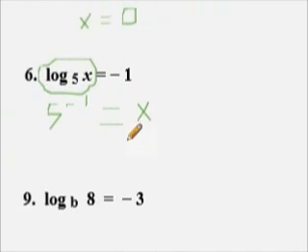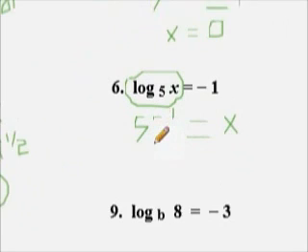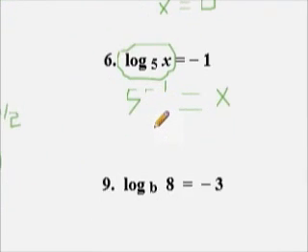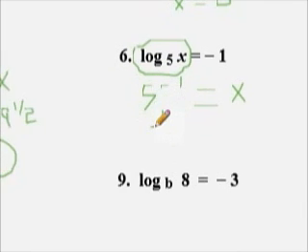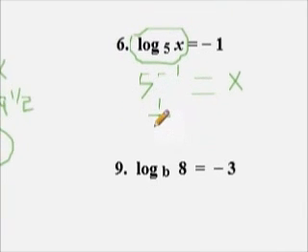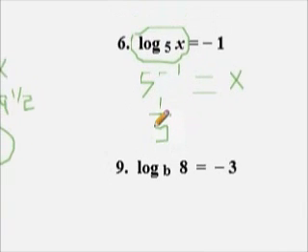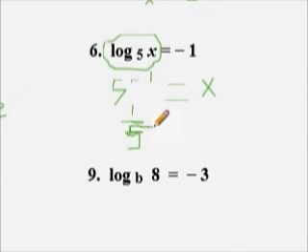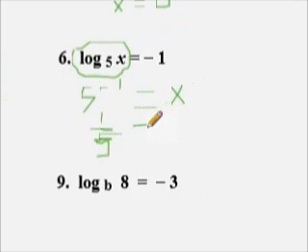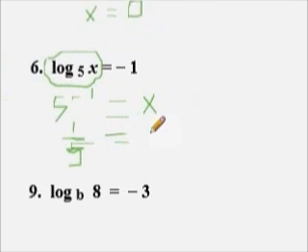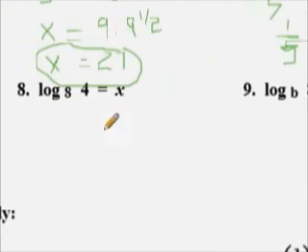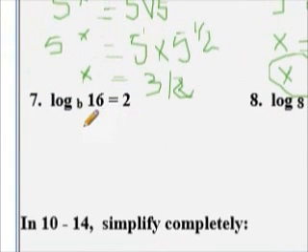So I know x is 5 to the power of -1, which can be written like this: 1/5 equal x. Okay, that's the final result. You can write it in a decimal value if you want. 1/5. Okay, what about this one?